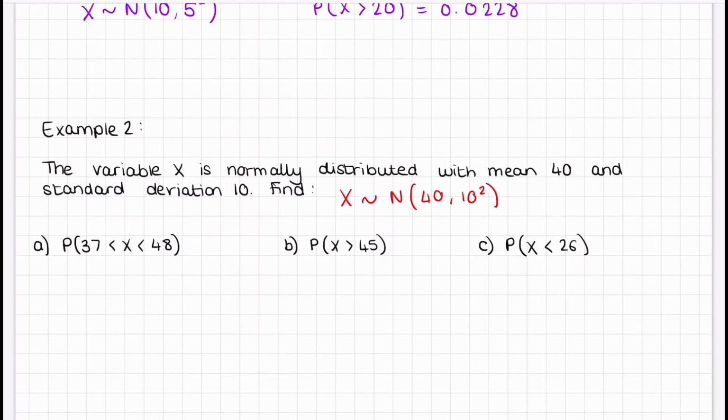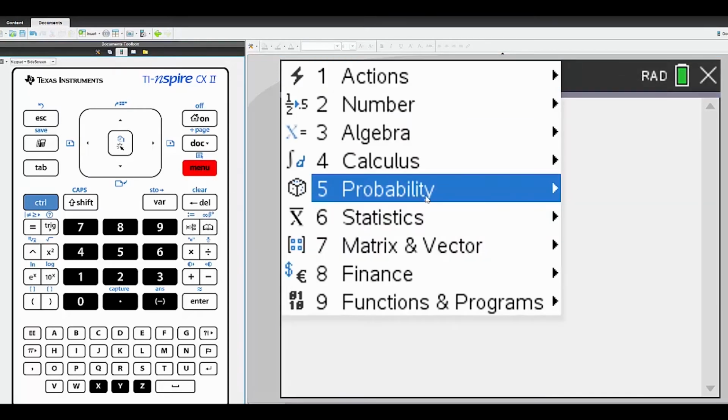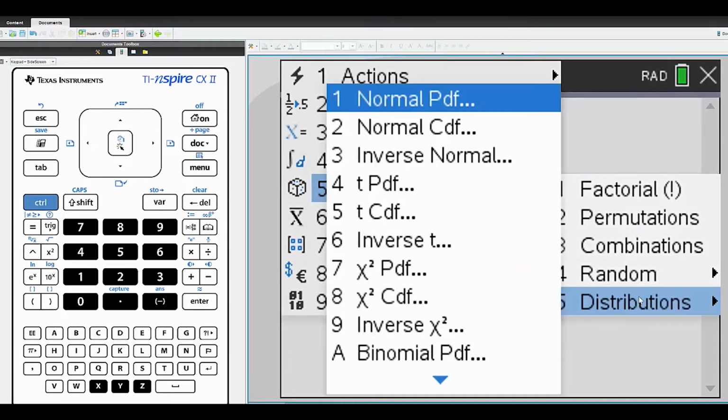Once again, same steps for our calculator as before in the last example. It's just going to depend on how we put things in now. So we're going to go to the calculator and do each of these three in there. For the normal distribution, we need to go to menu, once again probability, distributions.